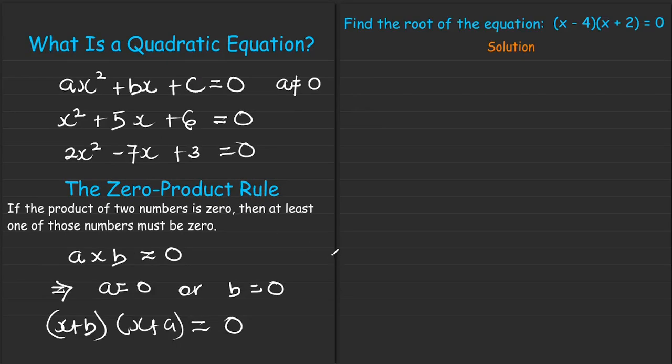For this first example, we have the bracket x minus 4 multiplying the bracket x plus 2 equals 0. Using the zero product rule, we are equating each bracket to 0.